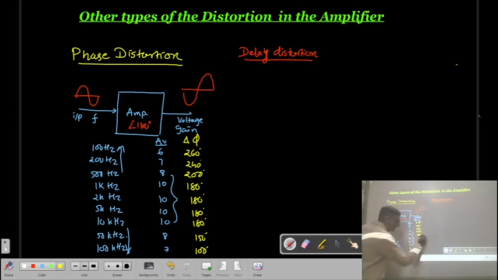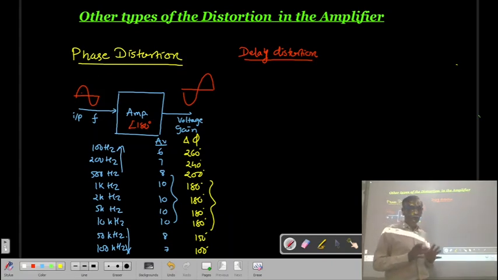So you can see only for this particular range the phase difference is 180 degree, but for the lower frequency part the phase difference is large, and for the higher frequency again the phase difference is large. So the phase difference does not remain constant for all the frequency, and that is called a phase distortion.